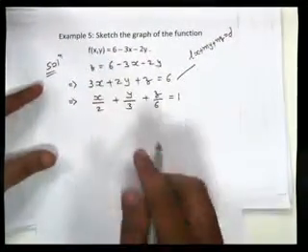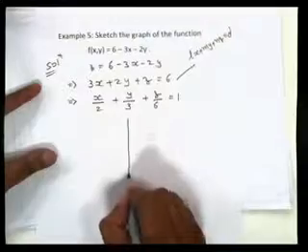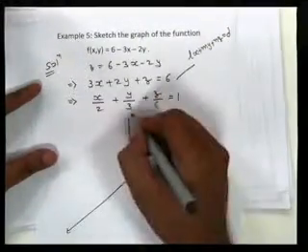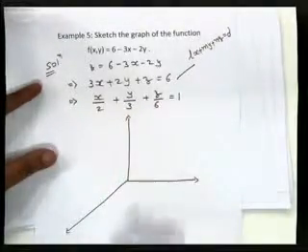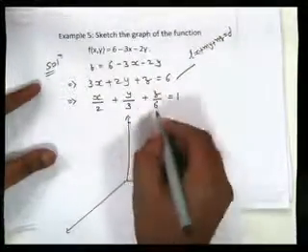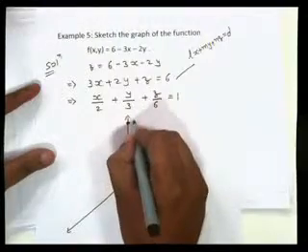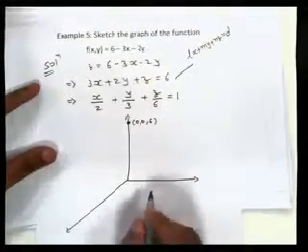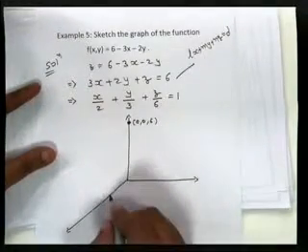So if we have 3 points of the plane, then we can trace that plane with the help of these 3 points. Okay. So here the z intercept is 6, so the point (0, 0, 6) is in our plane.